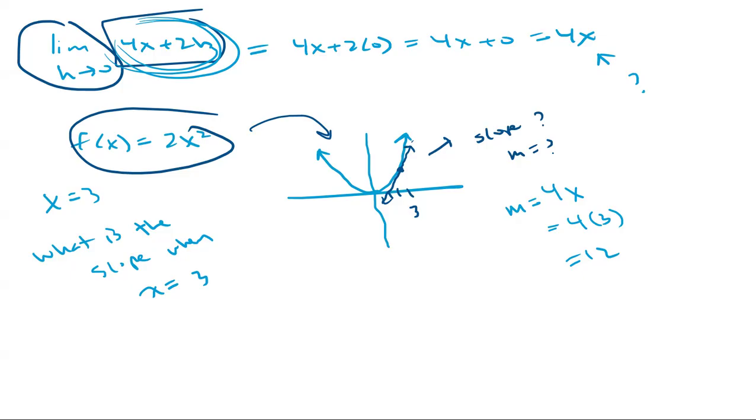Whatever values they give us, like slopes at the points 1, 2, 3, 5, 7, -10, it's easy to just find the slope generator, the 4x plus 2h, and start plugging in those values. So please make that correction.